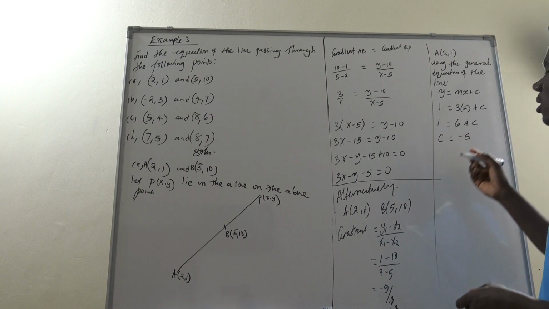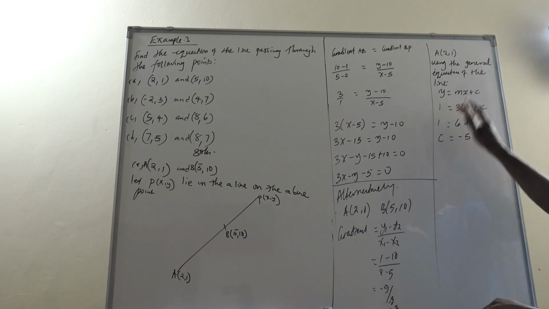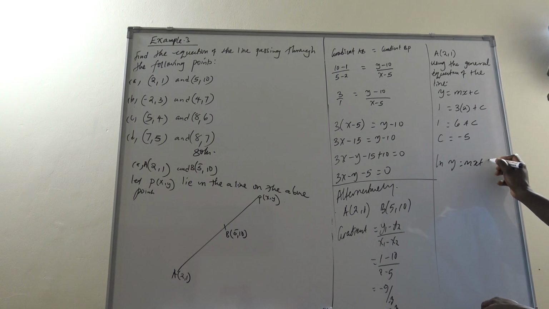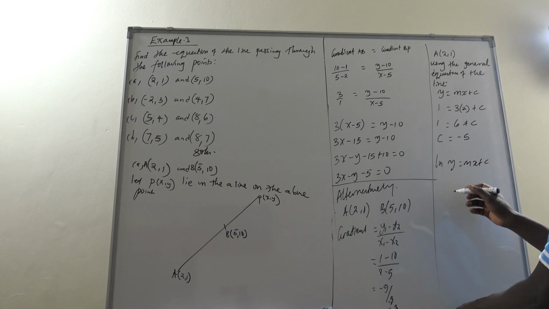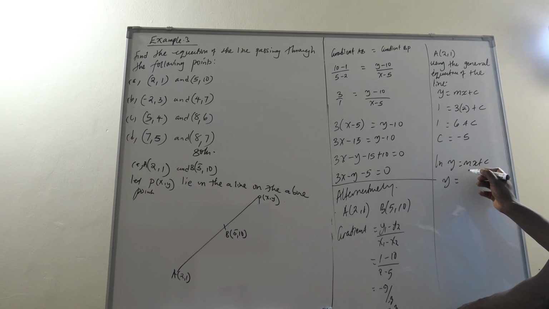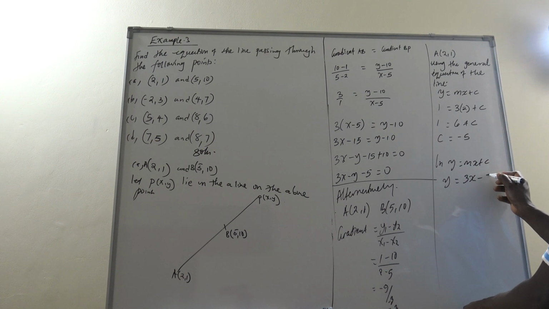So after coming out with the y-intercept as negative 5, then we can substitute in y equals mx plus c. Our y we give in terms of y. What is our m? Our m is already 3x. What is our c? It is minus 5.